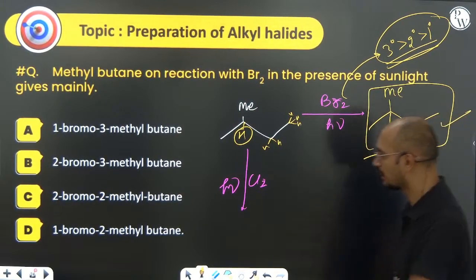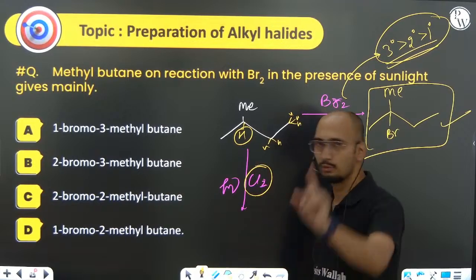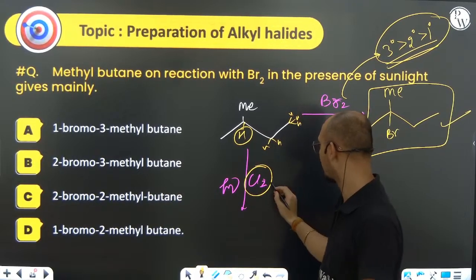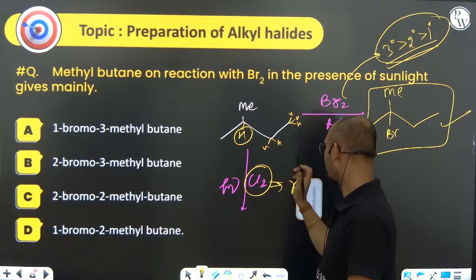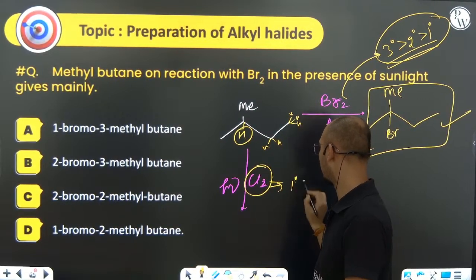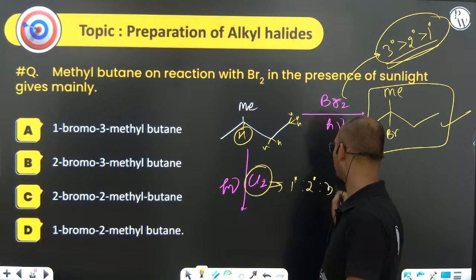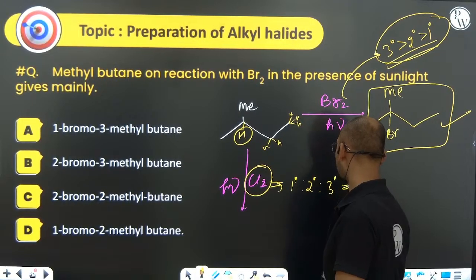But what about chlorination? In chlorination, you have to see two things. What are the two things? One, you have to see the ratio of 1 degree to 2 degree to 3 degree, which is going to be more. It is a very simple thing.